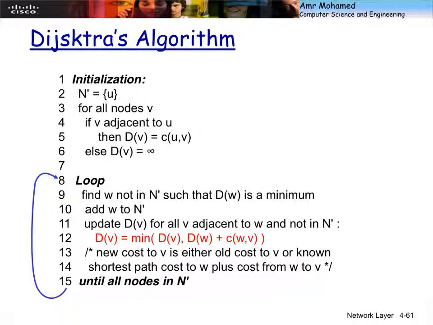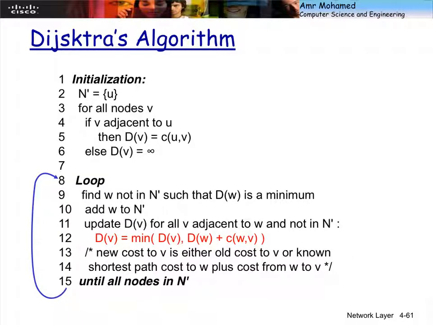First, you assume that N' has U initially, and then the cost D(V) to all other nodes can be calculated as follows. If this node is adjacent, then I can use the cost of this link as the D(V). If this node is not adjacent, then initially I assume it's infinity. And then hopefully, as we go along, we can enhance this infinity to something better.